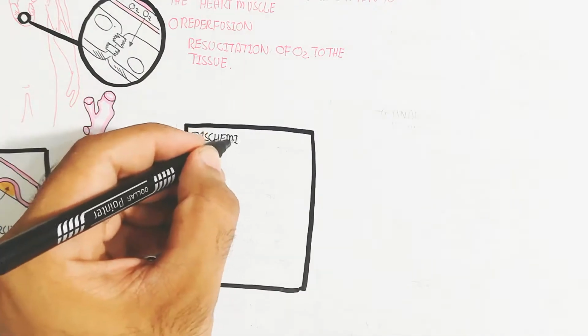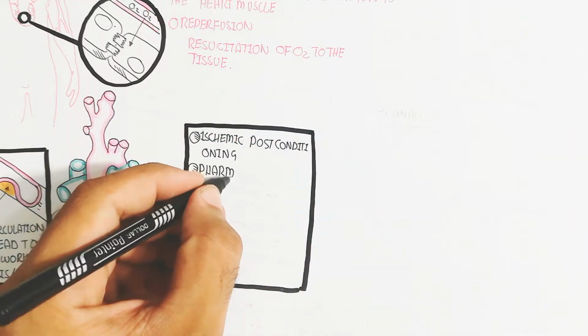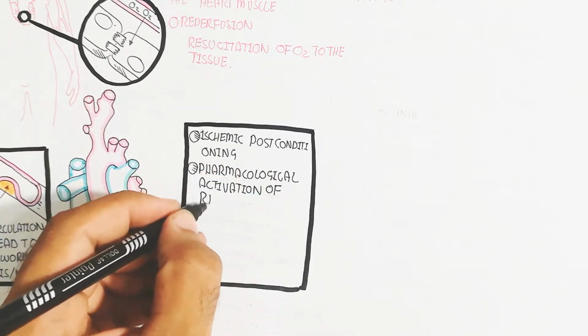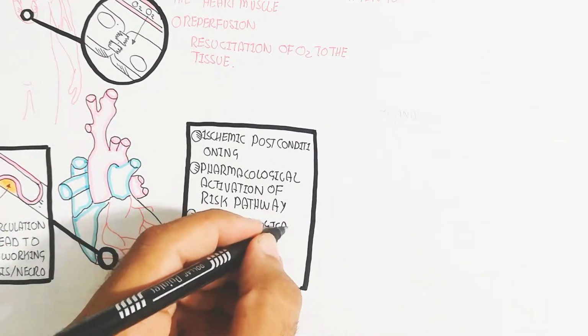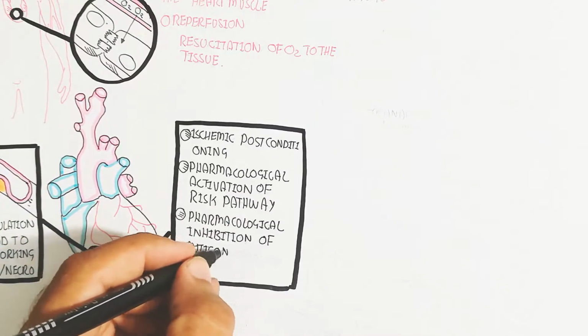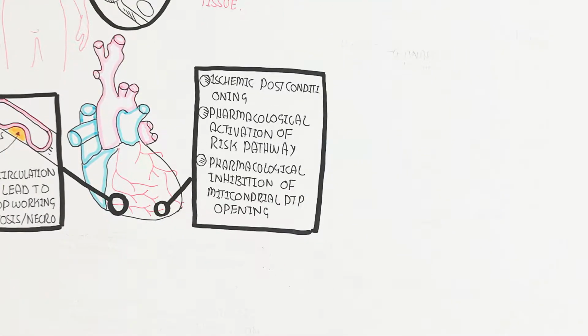With ischemic postconditioning, we can provide pharmacological activation of the RISK pathway, which we will discuss in another video and which is important for the survival of the myocyte, and pharmacological inhibition of mitochondrial PTP opening.